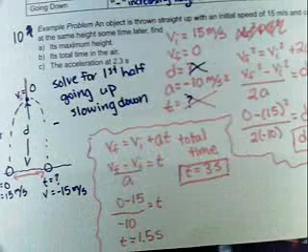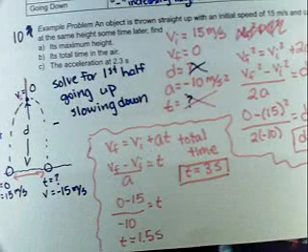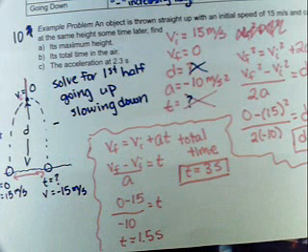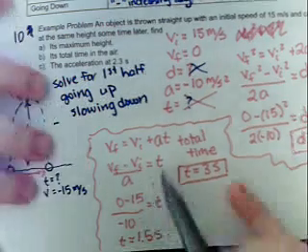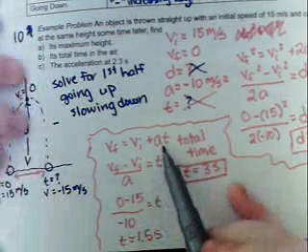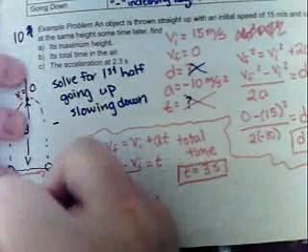Now, what I was saying that you could do this differently is that this time you could solve for the whole problem. You don't have the same problem you had with displacement where you're going to end up with 0. So what we could have done is with this same equation, we could have said, okay, VF is now negative 15.